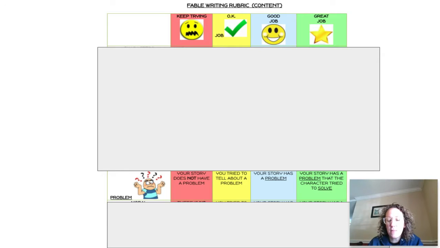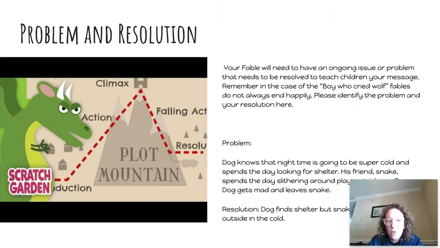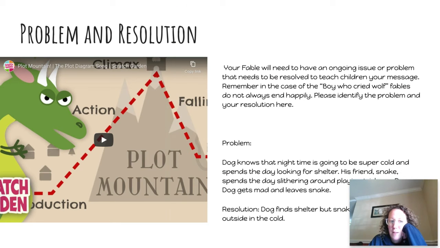All right, so today we're going to think about a problem. What you need is a problem in your story which a character will try to solve. And by having that problem and by the character solving it, you're allowing your character to arrive at a lesson. All right. So we're going to be watching this video, and it's called Plot Mountain.